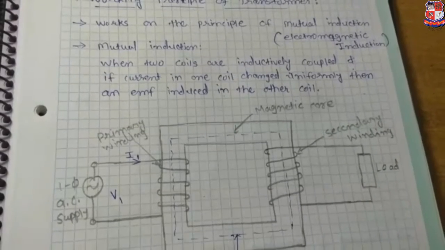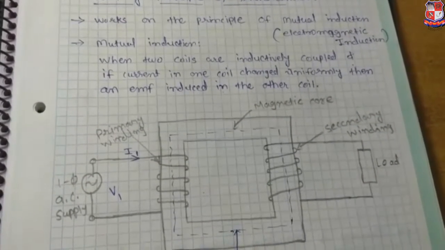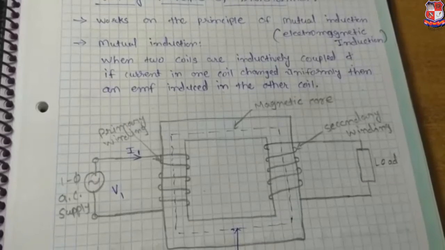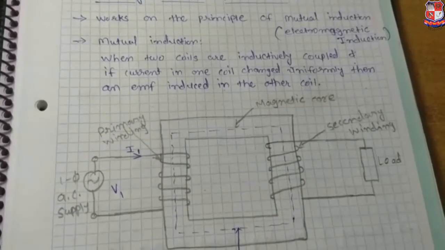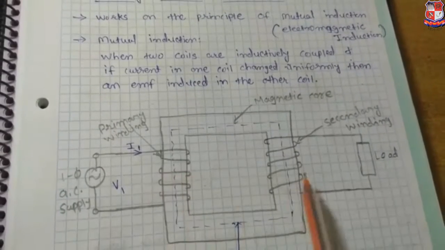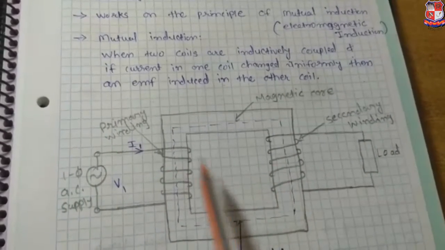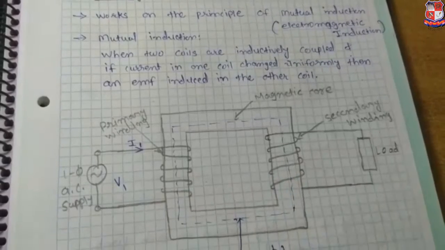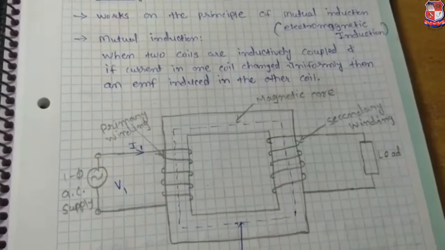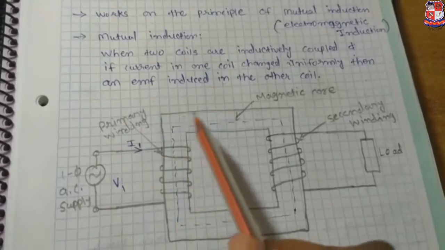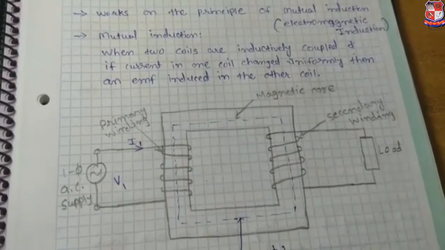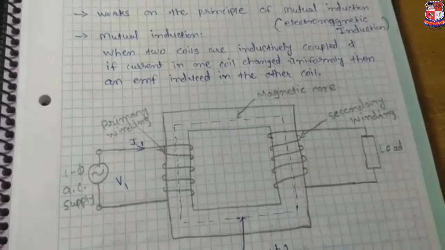Okay, so first of all, what is this mutual induction? So the principle of mutual induction says that when 2 coils are inductively coupled, then if current from one coil changes uniformly, then EMF will induce in the other coil.